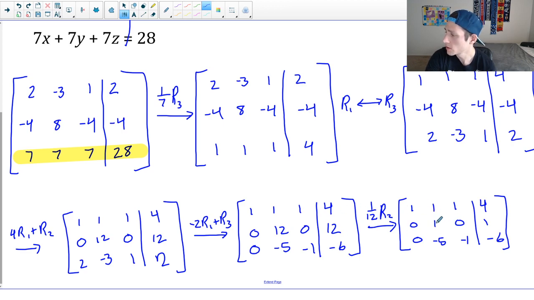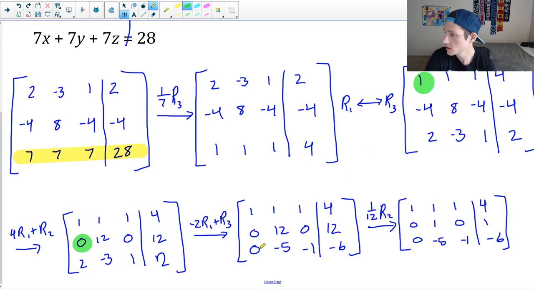Awesome. So I got the 1 right here that I wanted. Now I need to clear the stuff below it. So I need to make this -5 0. Okay, so the big thing in the pattern that we use is, once I get a 1 right here, then I'm using that 1 to make this 0.